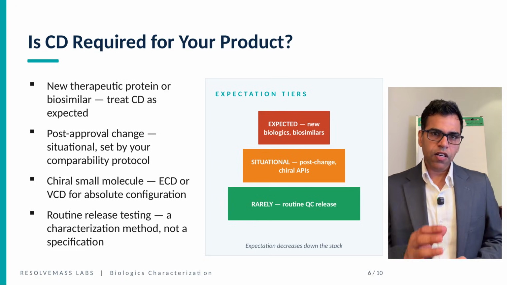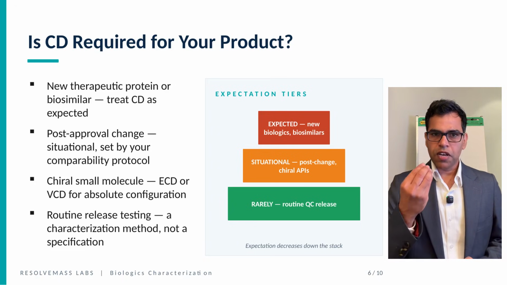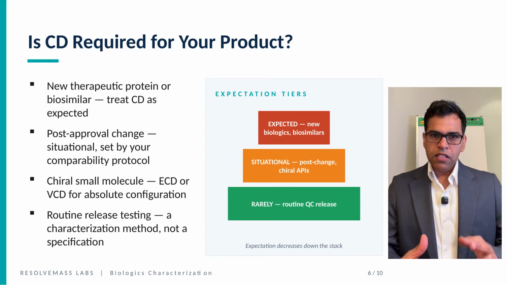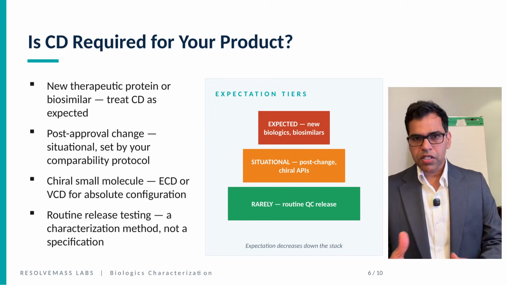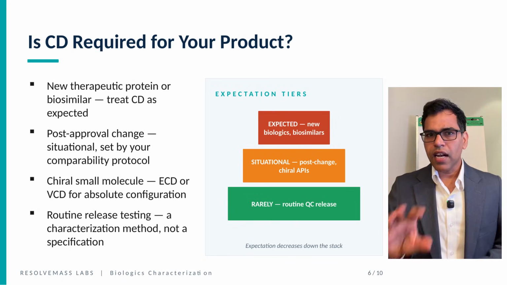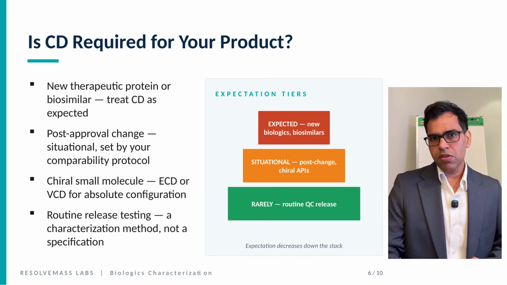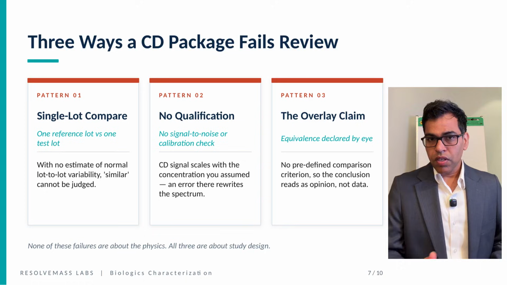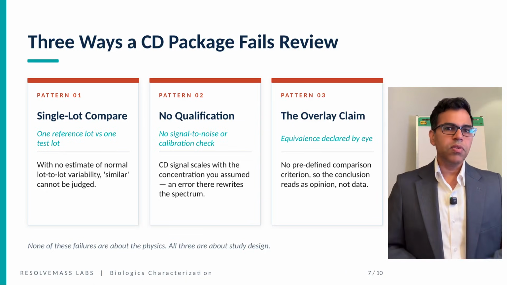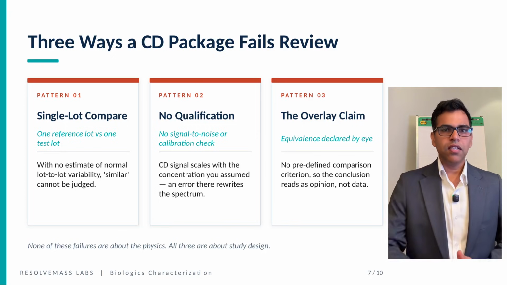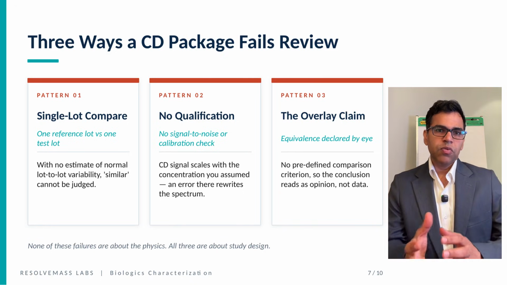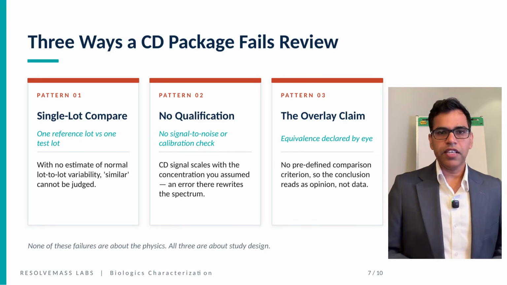Post-approval change or chiral small molecule where absolute configuration must be established: situational, electronic and vibrational CD do that job, and ICH Q6A's chirality decision trees tell you when it matters. Routine release testing, almost never. Circular dichroism is a characterization method, not a specification test, and that distinction saves programs a lot of wasted validation effort.